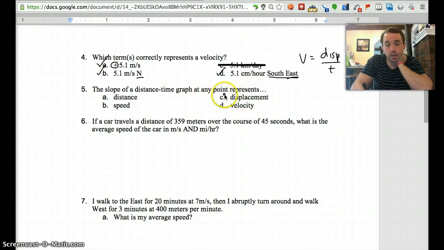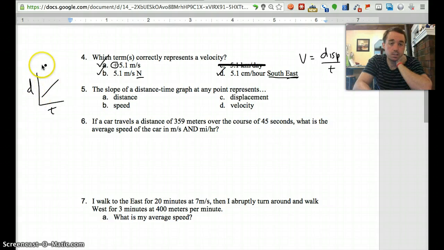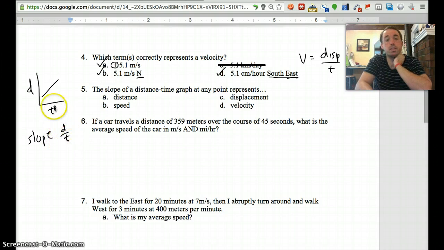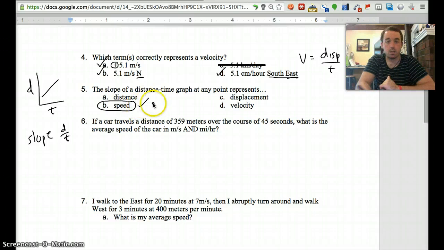Slope of a distance time graph at any point. When you have a slope, that is rise over run, so the slope is distance over time, and distance over time is speed, so speed is true. I'm going to be a little picky, and if you put speed, perfect.